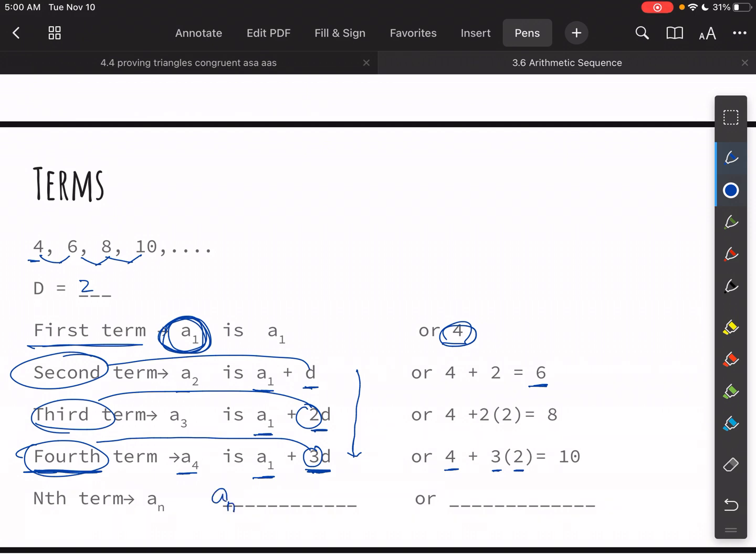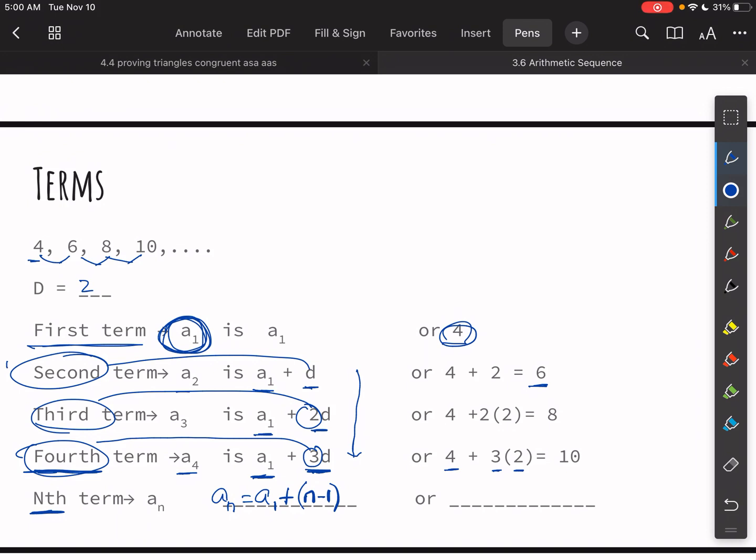A sub n would be equal to, in all of these, what's important to note is that we start with our first term, so A1, plus, okay, if we're in the nth term, we don't know which term we're talking about. We're just going to use n. Okay, n minus 1. That's what we did here. We took the term that we were on.